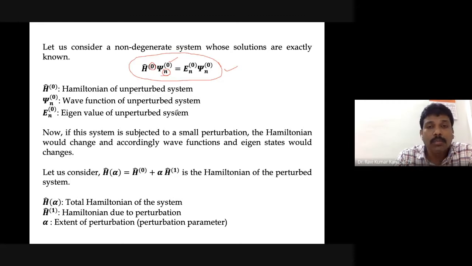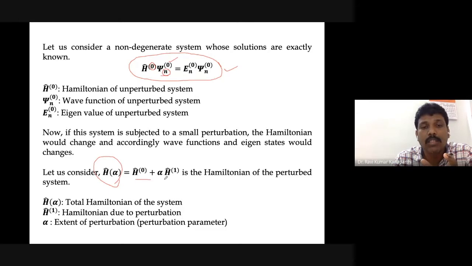Now let us imagine that this particular system is subjected to a small perturbation, and in this situation, as I already pointed out, the Hamiltonian is going to change a little bit. Now in this case, what we can write, the perturbed system Hamiltonian can be written as the summation of the unperturbed Hamiltonian plus the perturbed Hamiltonian.